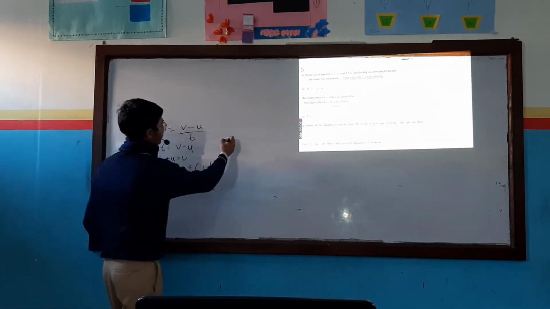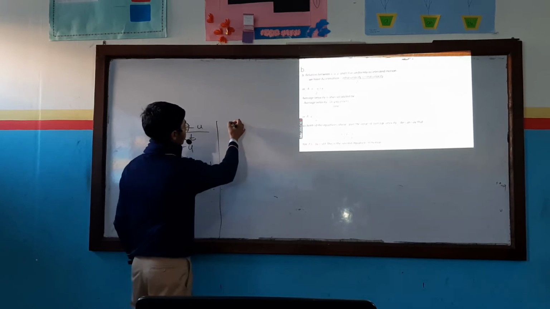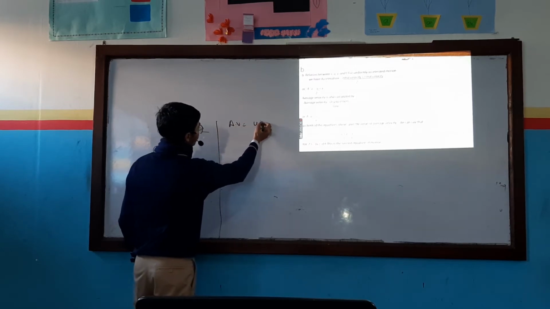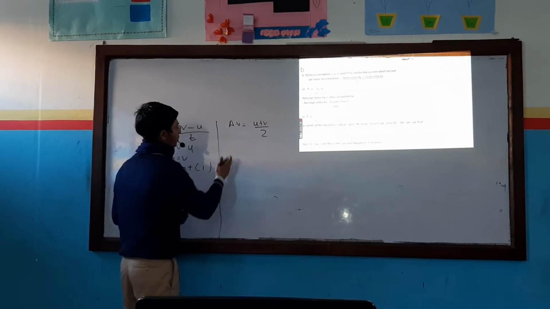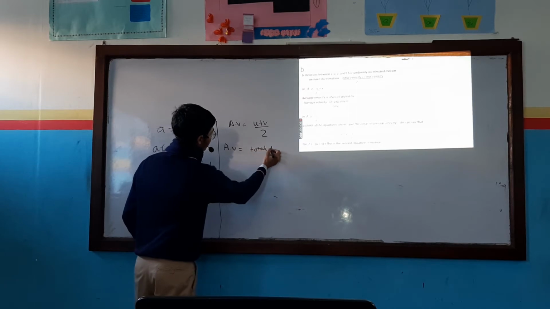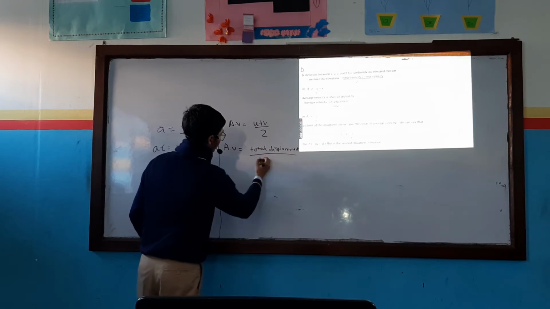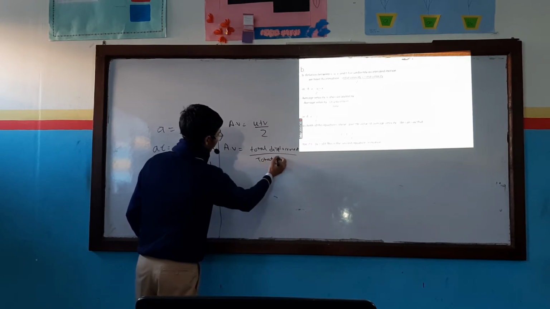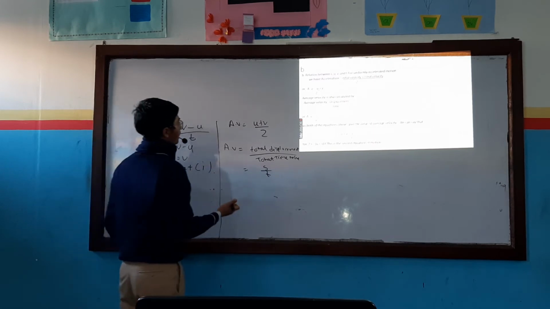We know that average velocity is equal to u plus v by 2, and there is one more formula of average velocity, that is average velocity is equal to total displacement by total time taken. Now from these two formulas, the second equation has been formed.